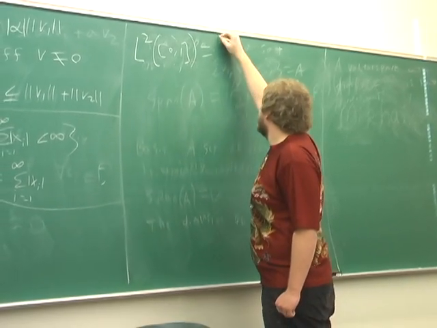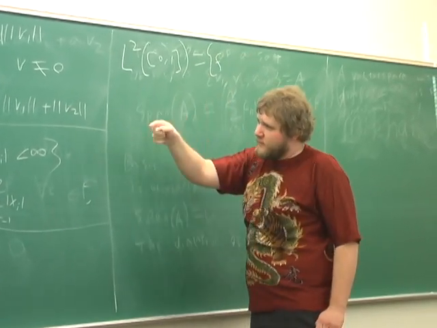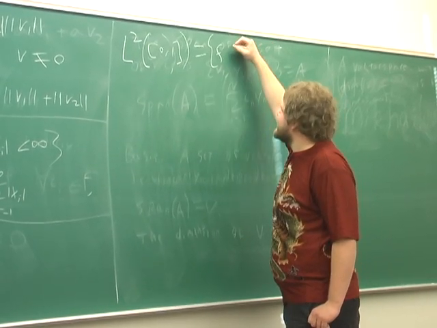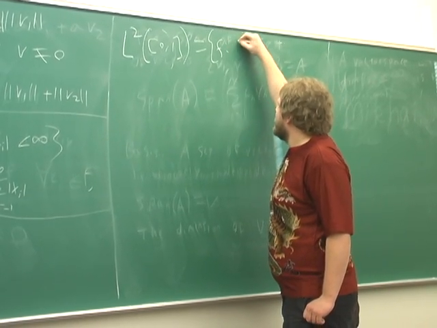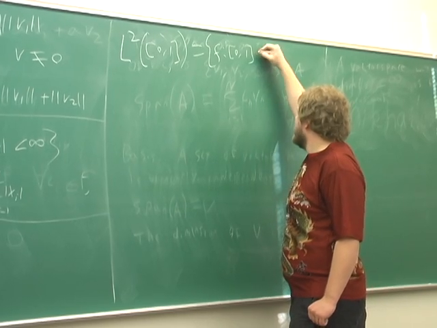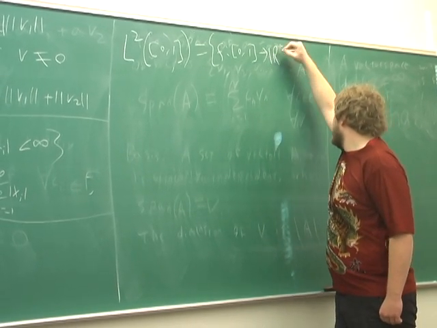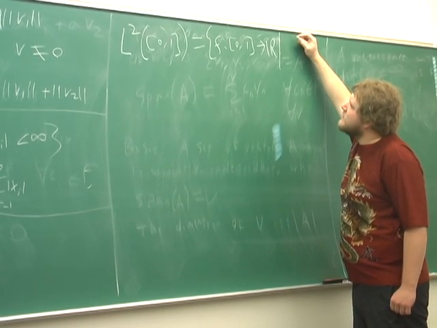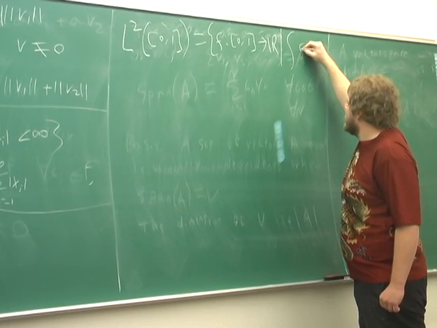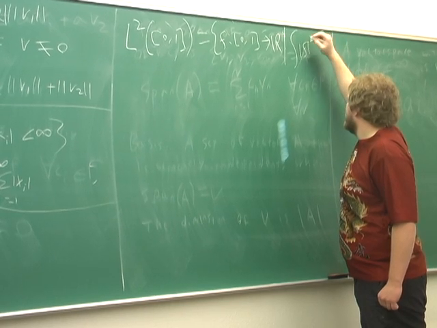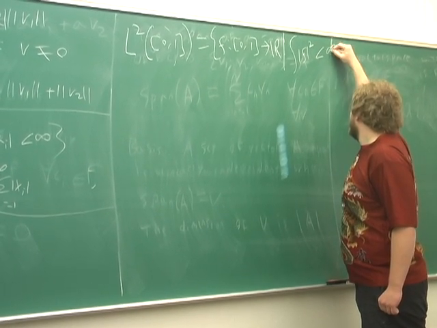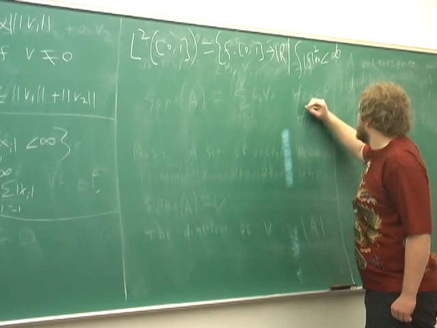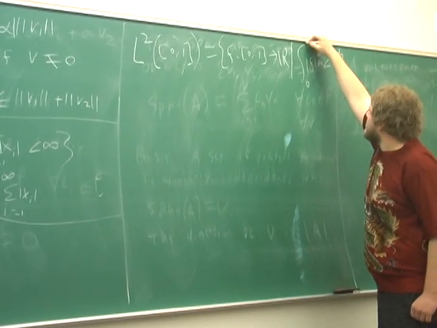And this would be all functions from 0, 1 to R, such that the integral from 0 to 1 of the function squared is finite.